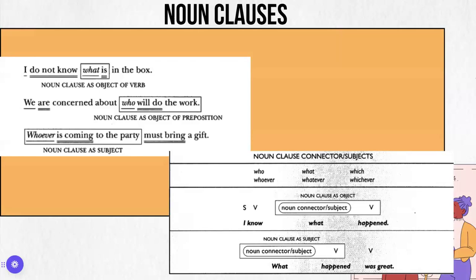Let's continue practicing with noun clauses. Remember that a noun clause can act as the object or the subject of the verb.